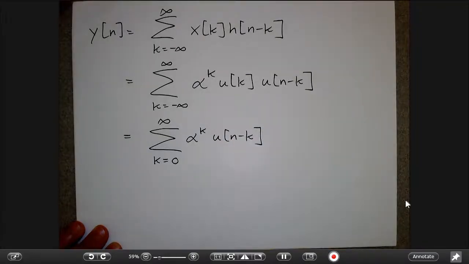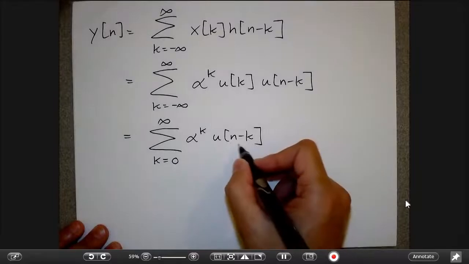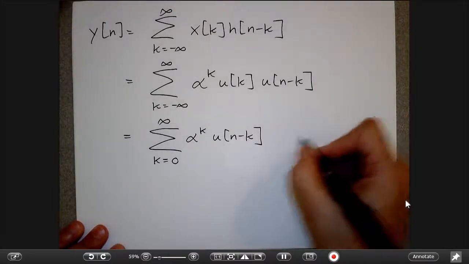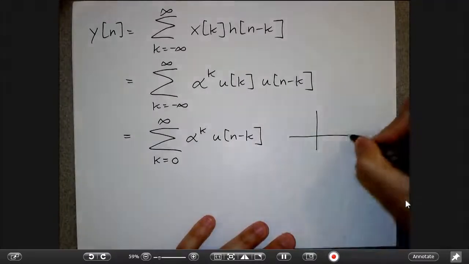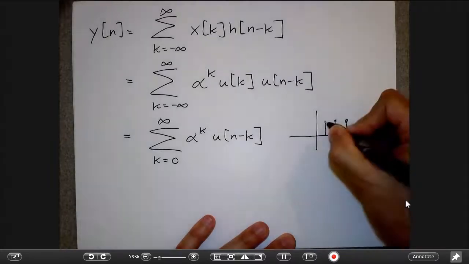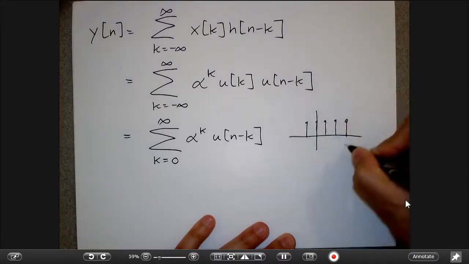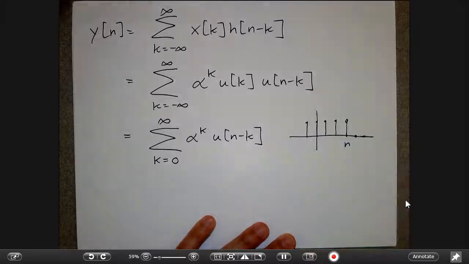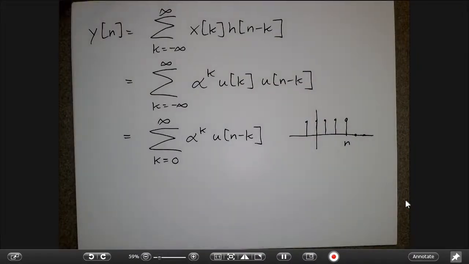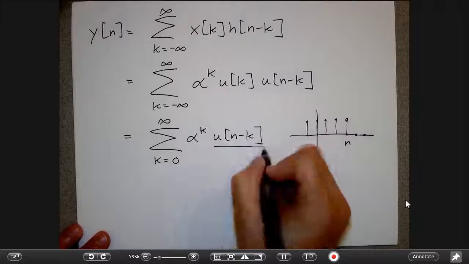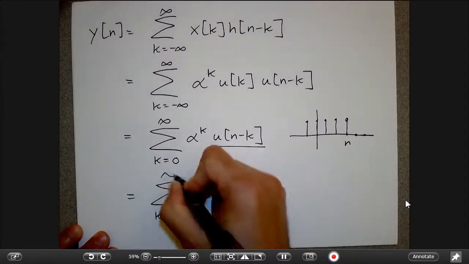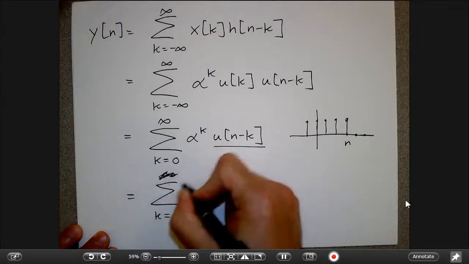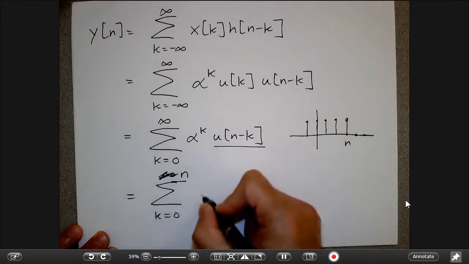Now I look at this and say, well, this is a step function. What does u of n minus k look like? This is just taking the step function, flipping it, and shifting it over by n units. So it turns off at k equals n. Here I can replace the infinity with something that stops at n.